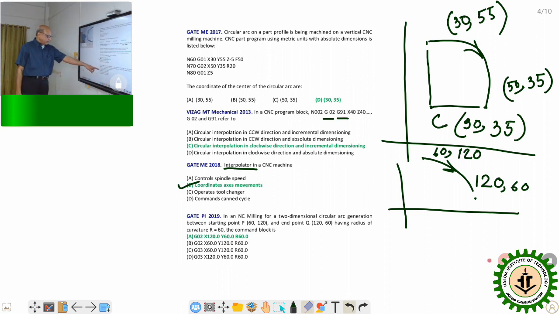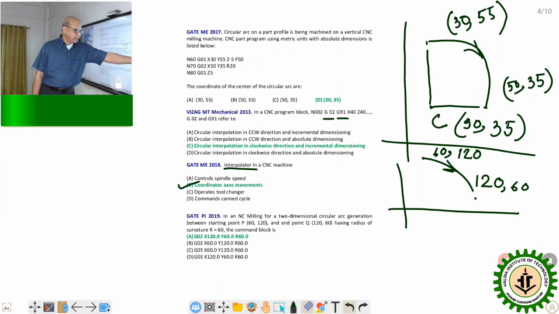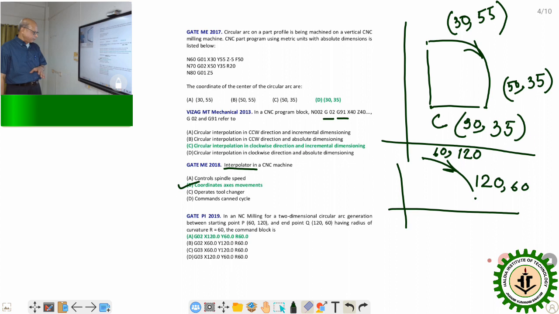So the correct option will be G02, X120, Y60, R60. Because in the G02 block, the end points must be reflected. So 120 60 is the final destination point. So that is why out of these four options, G03 will certainly not be the right option.